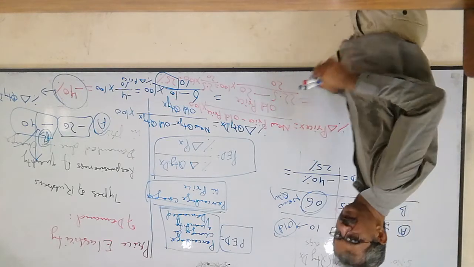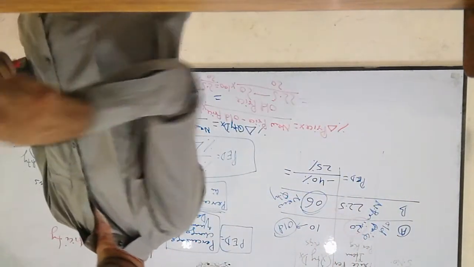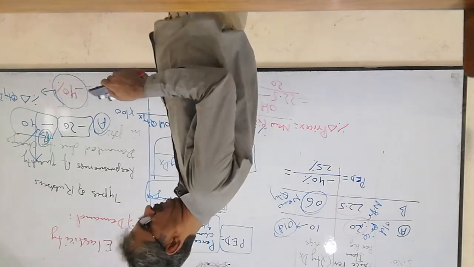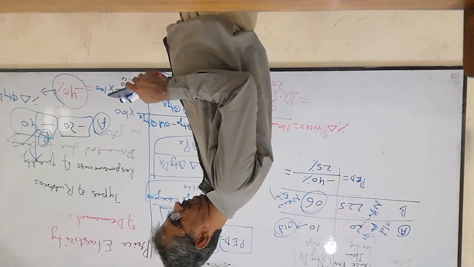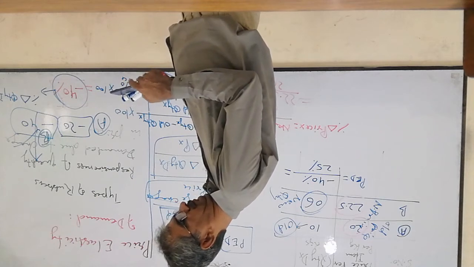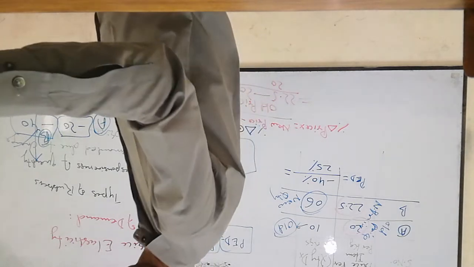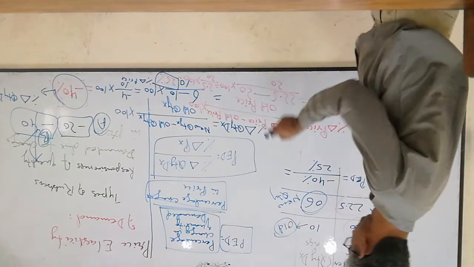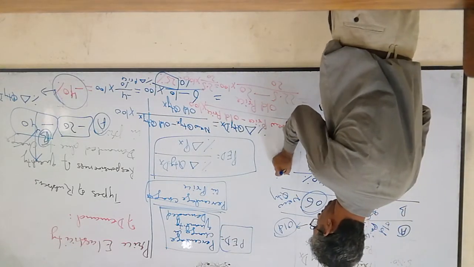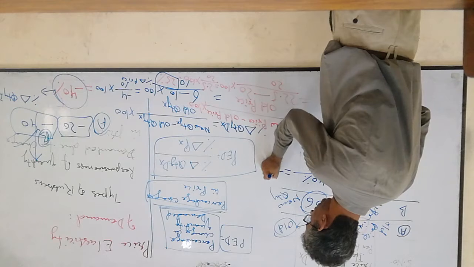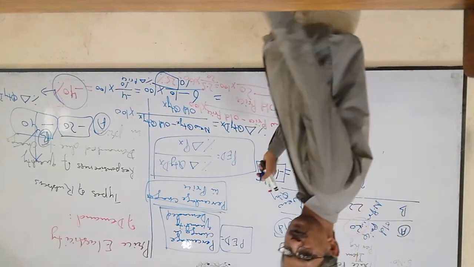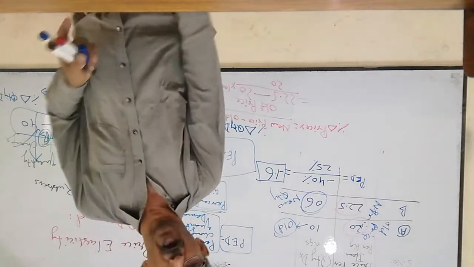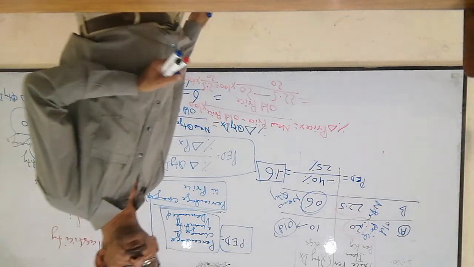So the answer will be, when you divide 40 by 25, the answer will be 1.6, minus 1.6. Now, what is the meaning of this 1.6? Or how will you explain the 1.6?